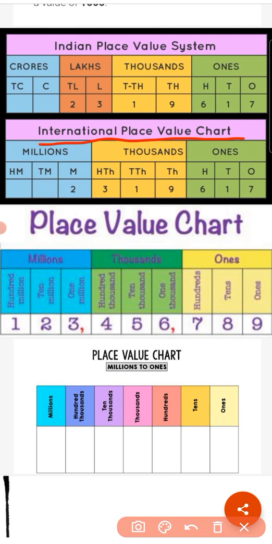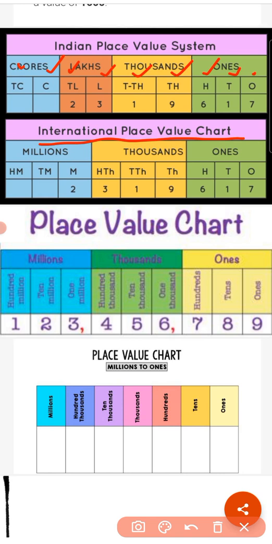In the Indian system, the places are ones, tens, hundreds, thousands, 10,000s, lakhs, 10 lakhs, crores, 10 crores, and so on. Ones, tens, hundreds are in the ones group.